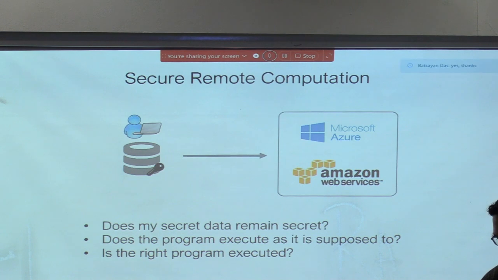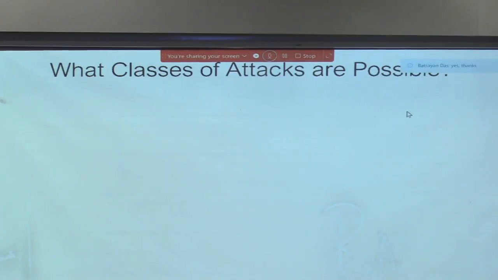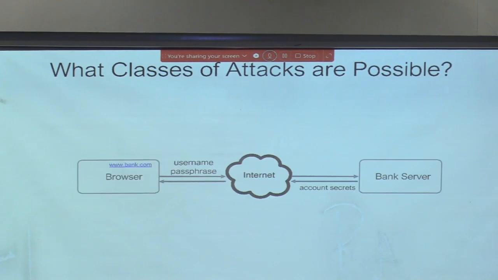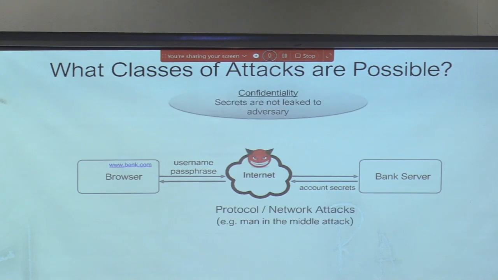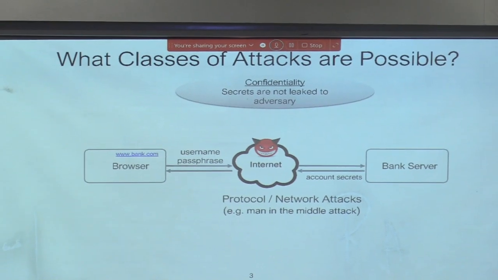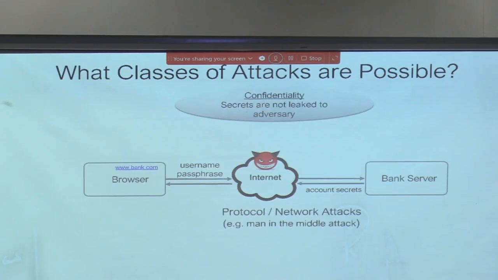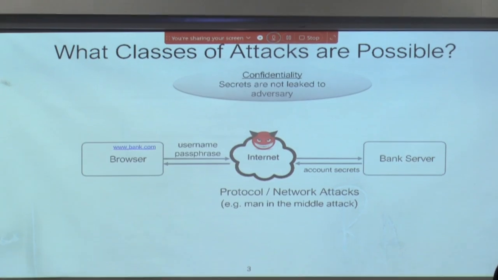Okay, now of course, in the context of security, it's always important to ground yourself in a threat model. And there's a whole range of attacks that are possible, right? So classically, there's been a lot of work on looking at attacks on the network level, right? So there are protocols, and the adversary could be in the network and is observing network traffic as it passes and trying to uncover secrets that they're not supposed to know.